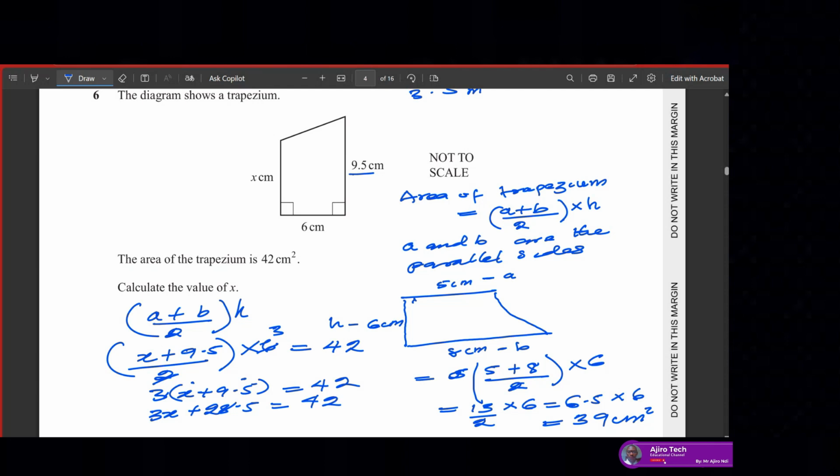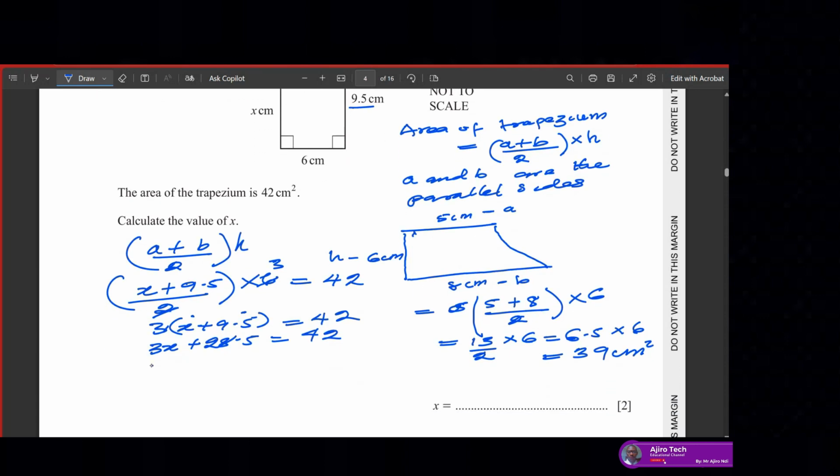So what do we do next from here? We collect like terms, right? So you take 28.5 to the other side. So that would be 3x equals 42 minus 28.5.